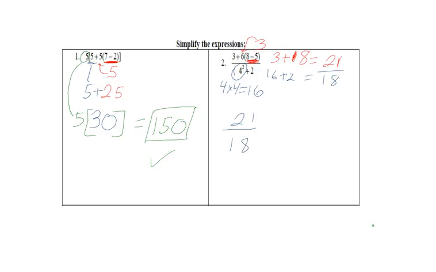But guess what? You can divide 21 and 18 both by 3. 21 divided by 3 is 7. 18 divided by 3 is 6. And we have an answer, 7 over 6. Very good.